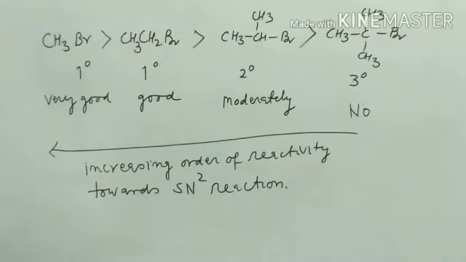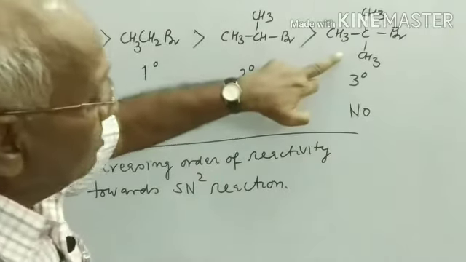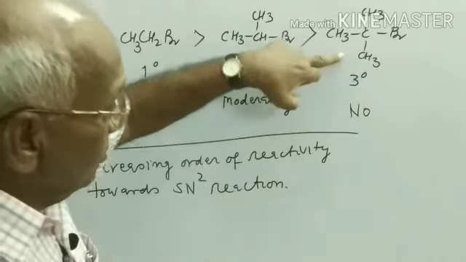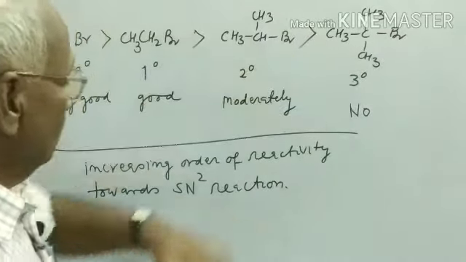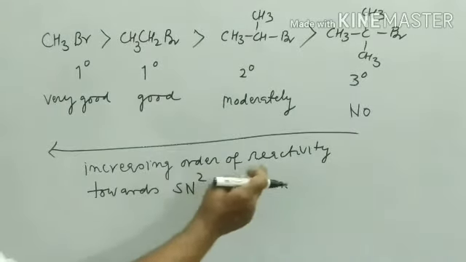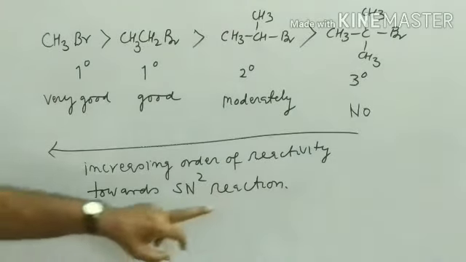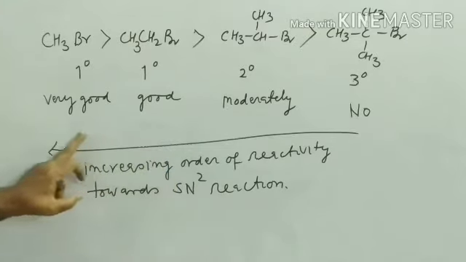Again, 1 degree alkyl halide is more reactive towards SN2 reaction, and tertiary butyl bromide or 3 degree alkyl halide does not give any response towards SN2 reaction. So, this is the increasing order of reactivity towards SN2 reaction in the direction of the arrow.